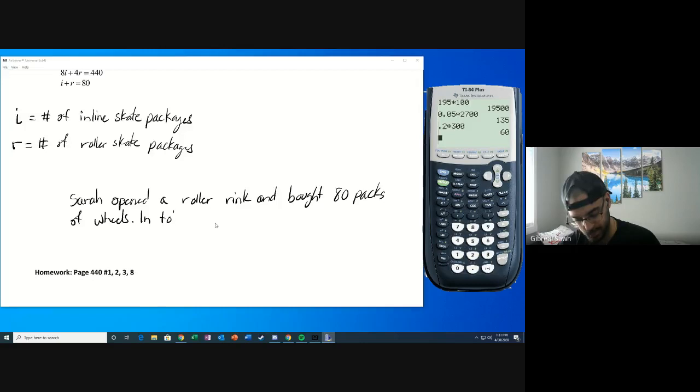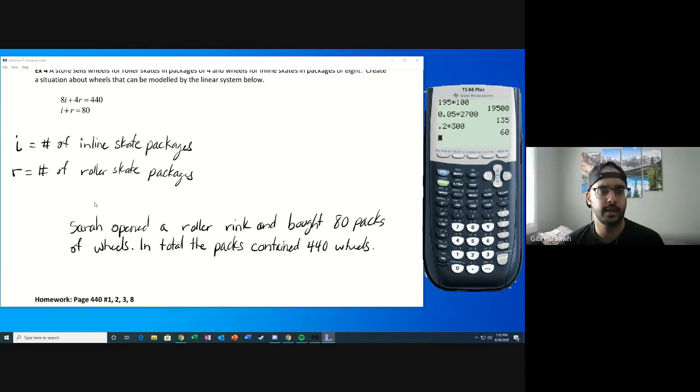In total, the packs contained 440 wheels. Okay, so here's our scenario. Now we can kind of look at it. So we bought 80 packs of wheels.